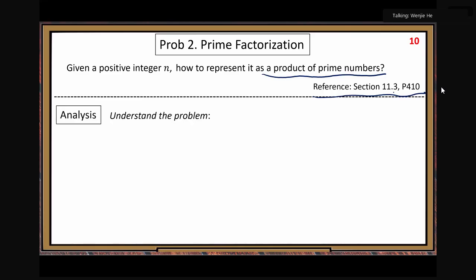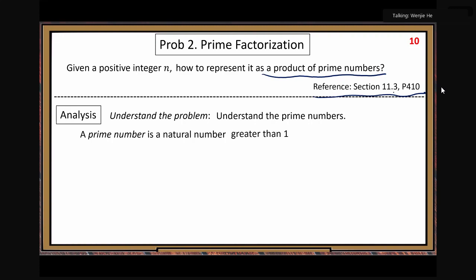Analysis. Let's understand the problem. First, we want to understand the prime number. What's the definition of prime numbers? Most of you know, but let's review a little bit. A prime number is a natural number greater than 1 that has only 2 factors: 1 and itself.